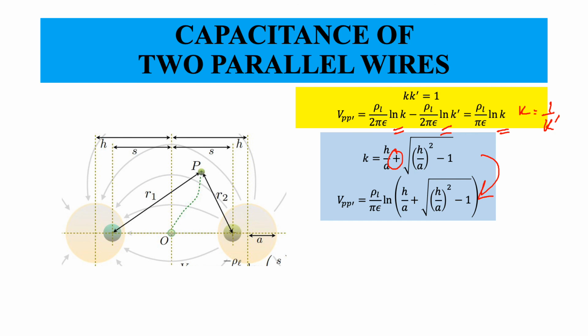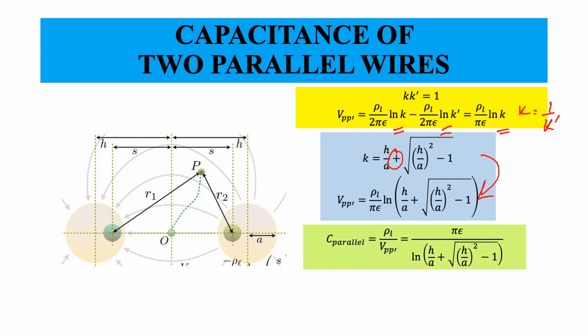Then the capacitance per unit length of these two parallel lines is given by the charge density rho L divided by the potential difference, and this potential difference is given by this equation. So rho L gets cancelled and pi into epsilon goes in the numerator.